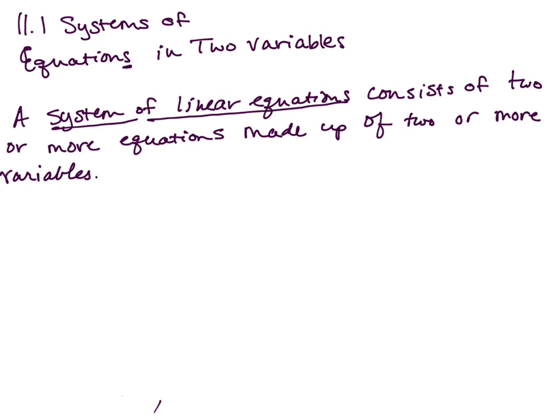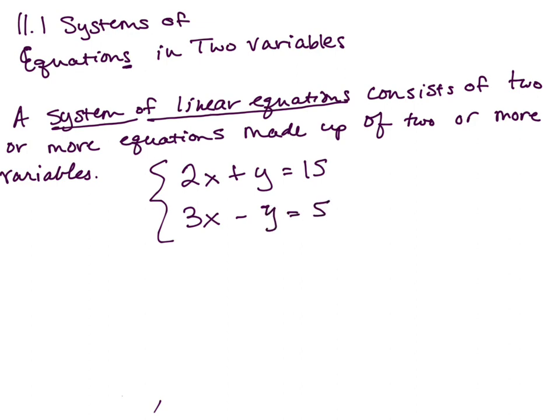You can look at this. This is a system of equations. This is an example. A lot of times we'll see a system with a bracket or a big brace like this. That helps you know what equations are involved in the system. It just kind of helps you group them together. This particular example has 2x plus y equals 15, and then 3x minus y equals 5.